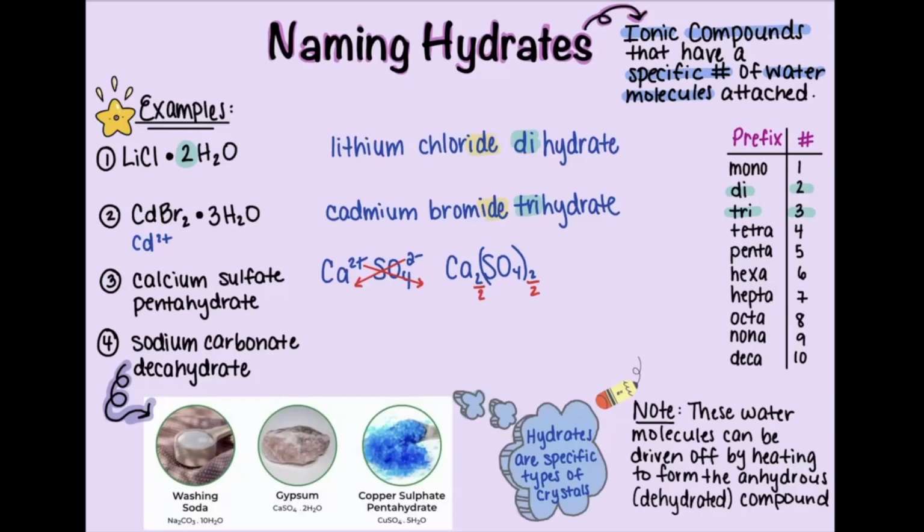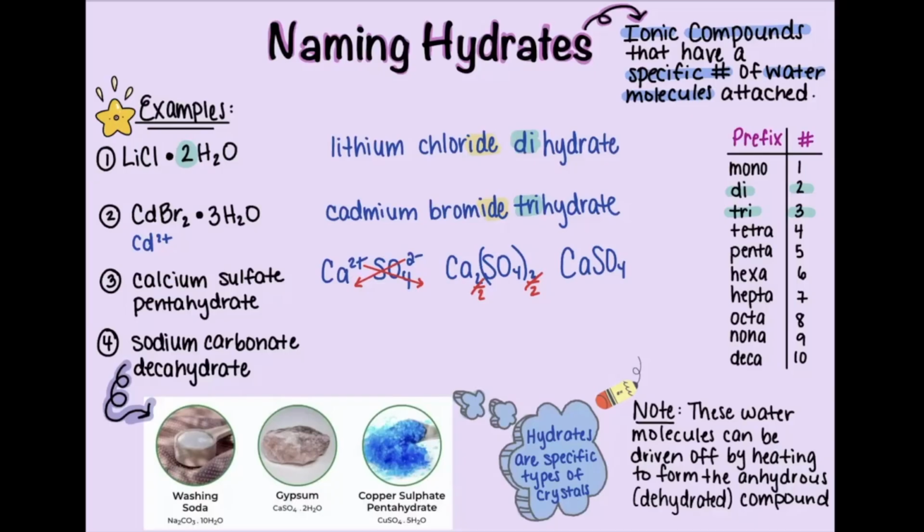once we divide both by 2, this gives us a 1-to-1 ratio. So the ionic compound becomes CaSO4. And because we only have one sulfate, we do not need to add a parentheses. Remember, you only add a parentheses around a polyatomic ion within a compound when the charge that you dropped becomes a subscript greater than 1.